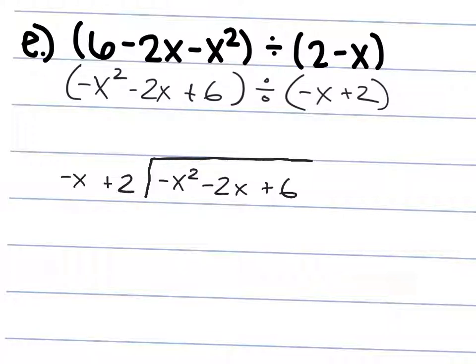Same as always. I'm going to say, how many times does negative x go into negative x squared? Or, if you prefer, negative x times what will give me negative x squared? A positive x. X times negative x gives me negative x squared, and x times 2 gives me 2x.